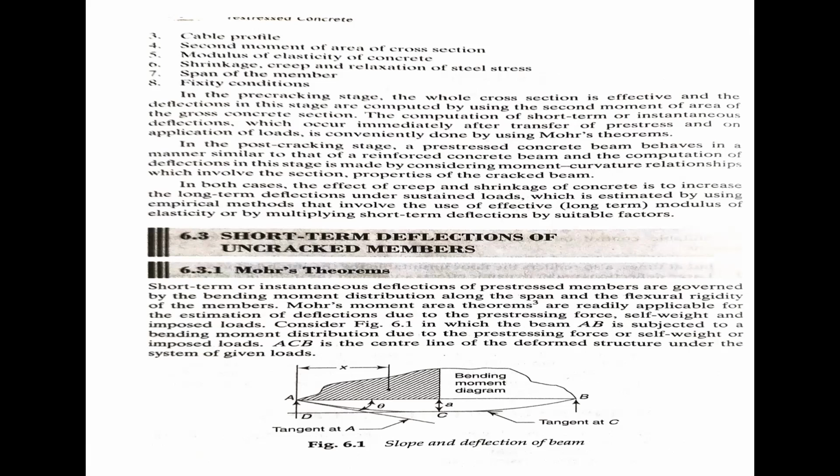In both cases, the effect of creep and shrinkage of concrete increases the long-term deflection under sustained loads, which is estimated by using empirical methods that involve the use of effective long-term modulus of elasticity or by multiplying short-term deflection by suitable factors.